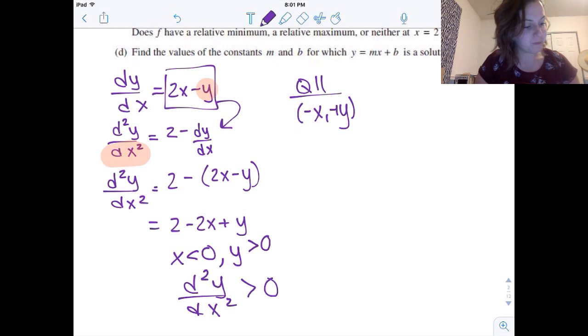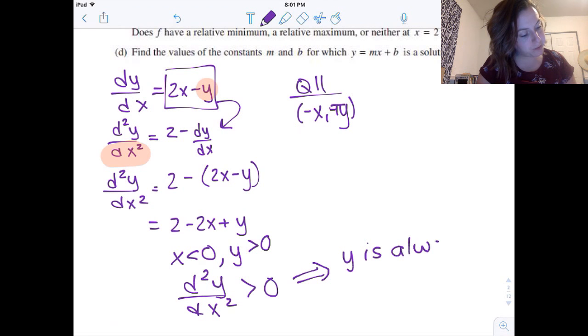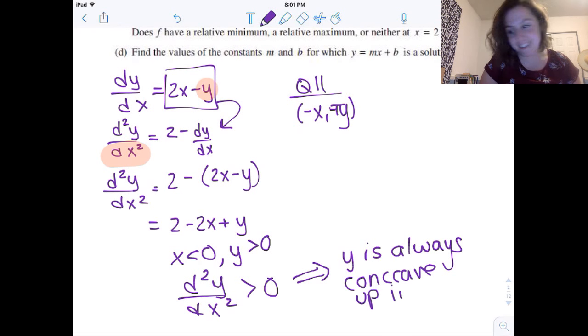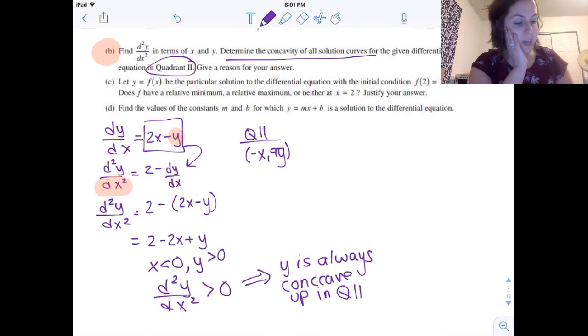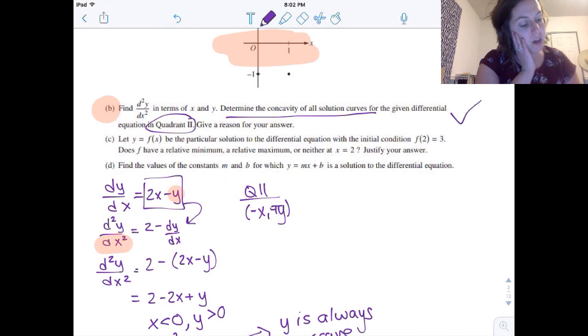So if it always comes out being positive, that implies that y is always concave up in quadrant 2. So again, second derivative being positive implies that it's concave up. So that's part B. Okay, so determine the concavity of all solutions. Y will always be concave up in quadrant 2.